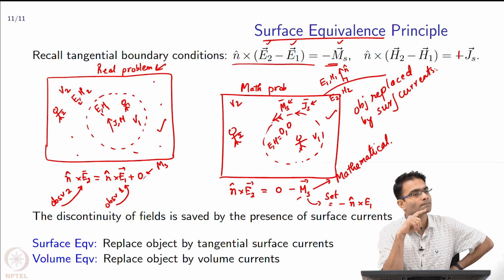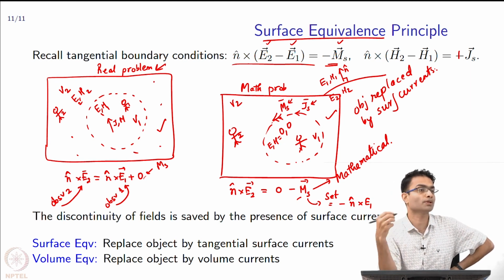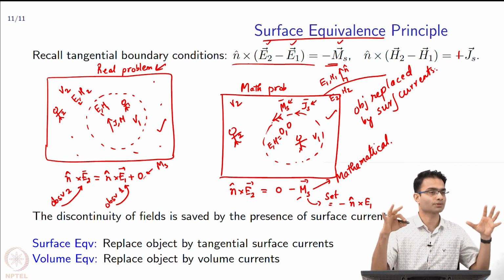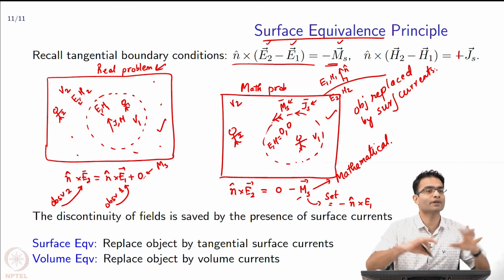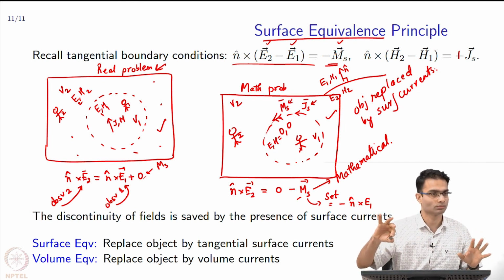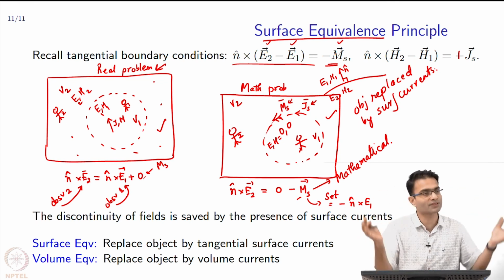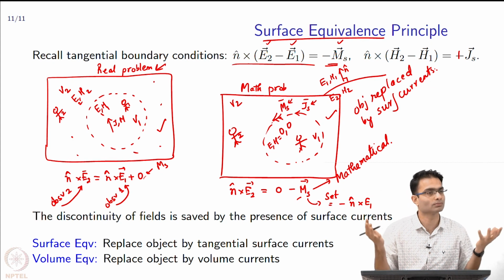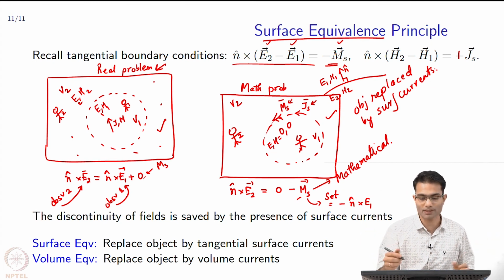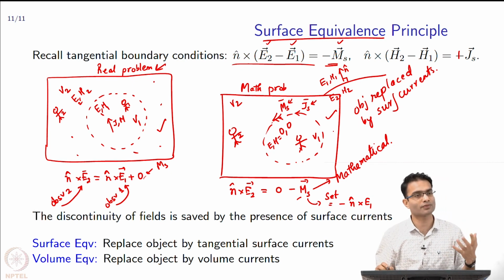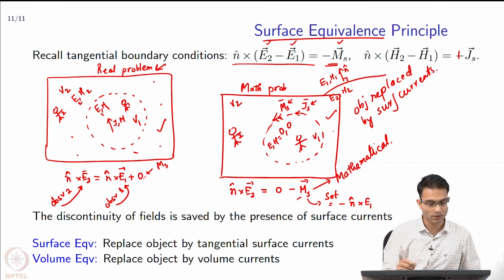Again, this can be useful if, for example, I want to reduce the area of my computation. I do not want to compute the fields everywhere in V1 plus V2. If I can remove V1, the small price I have to pay is the surface fields on this. So, they will become the new unknowns, but what I have done is I have punctured out some volume over here. So, this is the sort of reasoning behind equivalence principles.